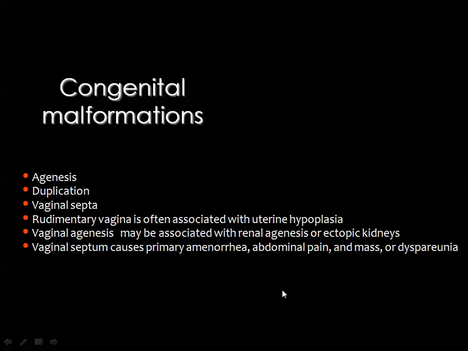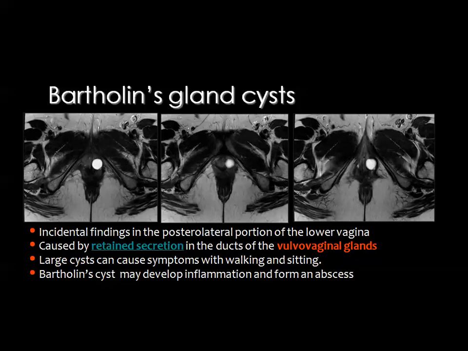And you remember we mentioned that whenever you're examining this area, you should have some scans for the abdomen looking for renal abnormalities. And one of the common findings that is considered an incidental finding is the Bartholin cyst, which is a retention cyst in the ducts of the vulvovaginal glands.